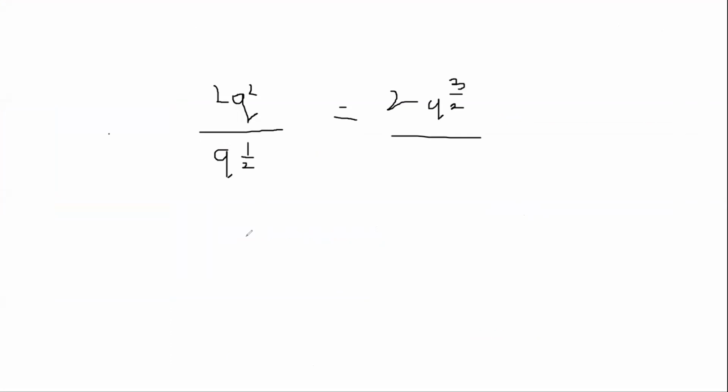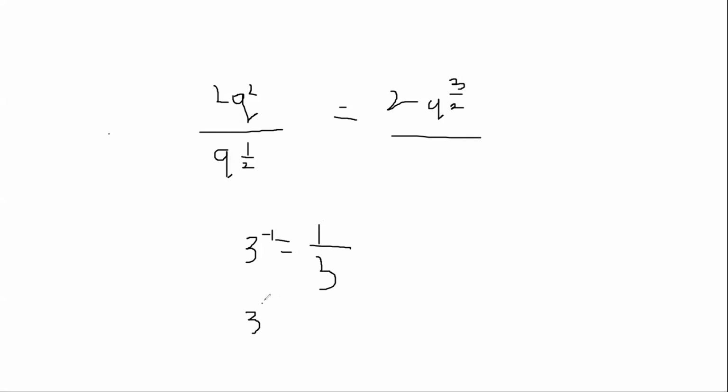If you have, in this case, 3 to the power of negative 1, this would be equivalent to 1 over 3. That works with basically any number. So the number which is being raised to the power will end up being the denominator.